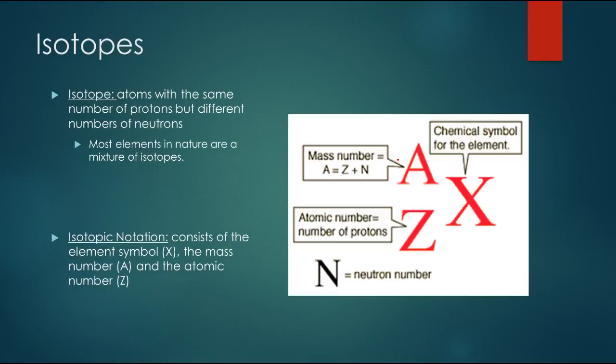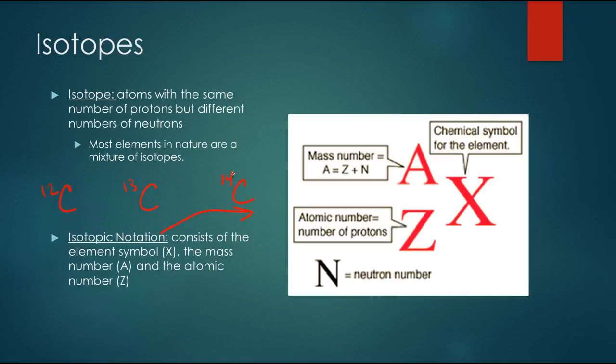If we take a look over here at this illustration, this is what we call our isotopic notation. And if we look there, X is going to be our element symbol. So we're going to take a look at carbon. We know that carbon has 3 different isotopes in nature. We have carbon-12, we have carbon-13, and we have carbon-14.